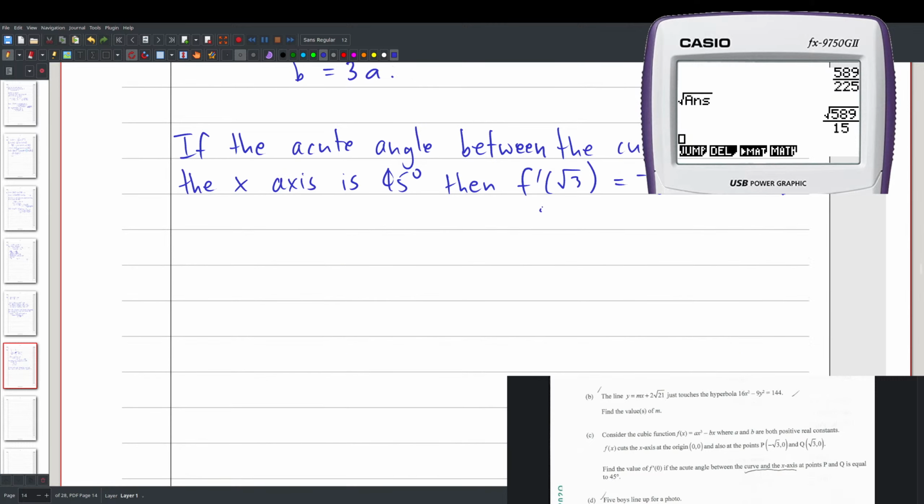Right, because look at this: this is the curve, this is the angle, this is f prime, which is the gradient by definition of f prime. And so this is like arctan. But f prime of x is equal to 3ax squared minus b.